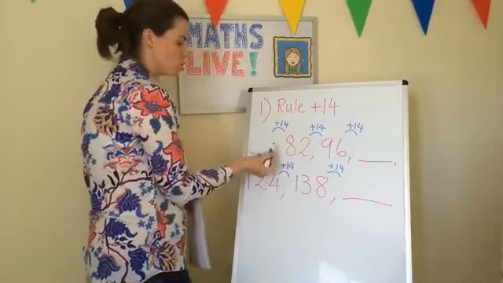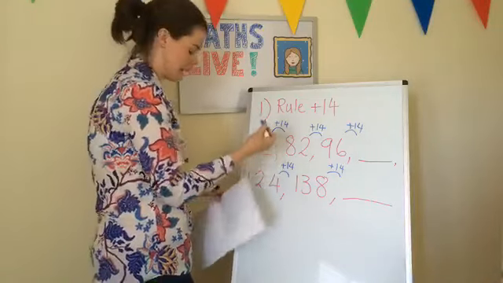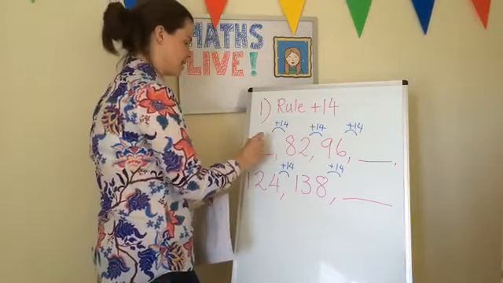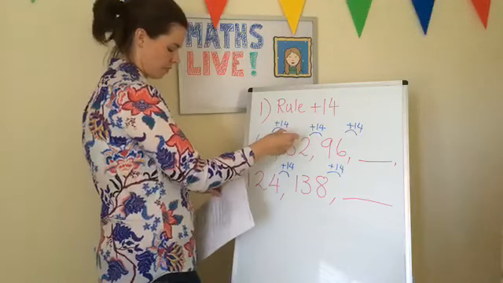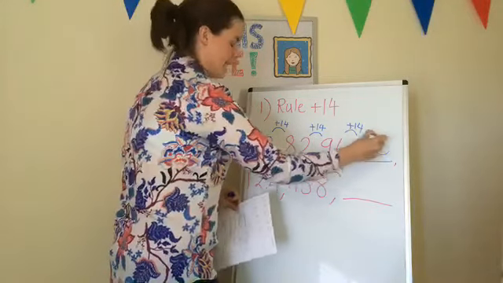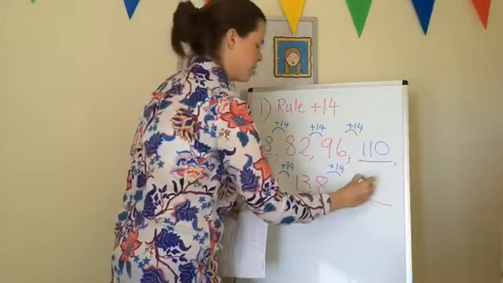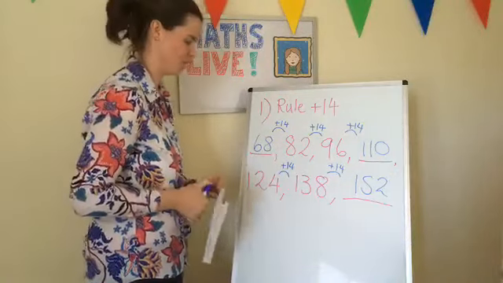Because it's something plus 14, we need to do the inverse and take away. So it's 68 to start. 68 plus 14 is 82. Then 96. Then 110. And then 152. Well done if you got those right.